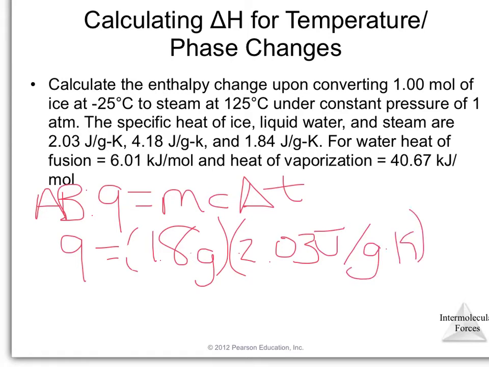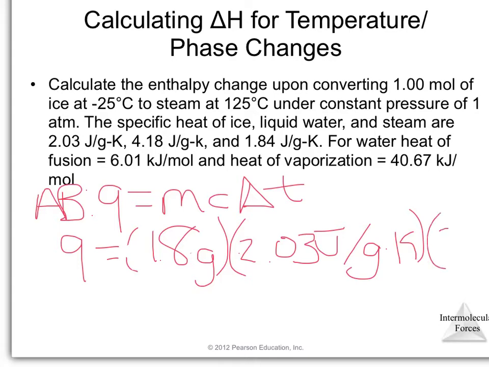Now I need to think about temperature change. Temperature change is going to be final minus initial. For segment AB, B is at 0 degrees, and A is at negative 25. So I'm going to take 0 minus negative 25.